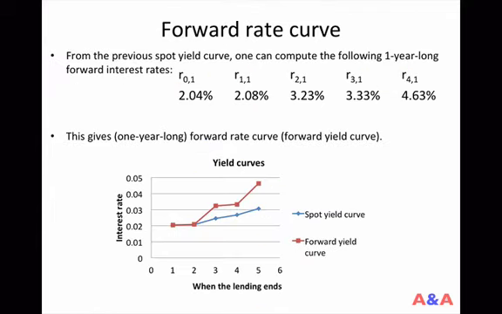As today's last topic, let me discuss the relation between the spot rate curve and forward rate curve. In one of the previous classes, we studied how to draw the spot yield curve. And in the previous slide, we studied that as long as we have all spot rates, we can compute all forward rates.